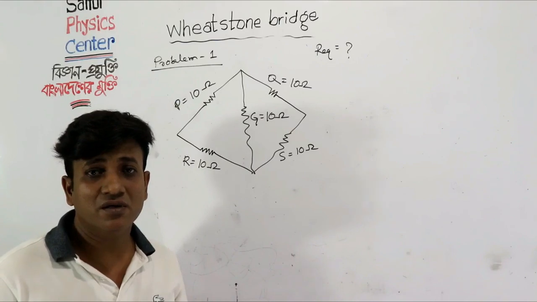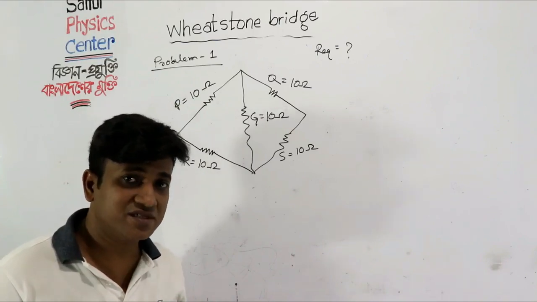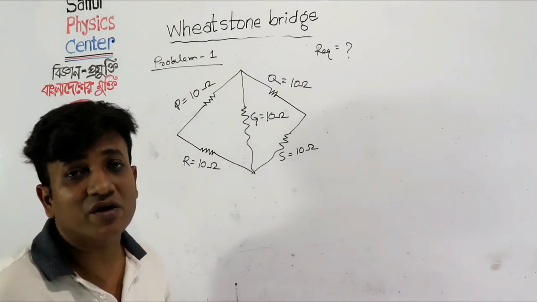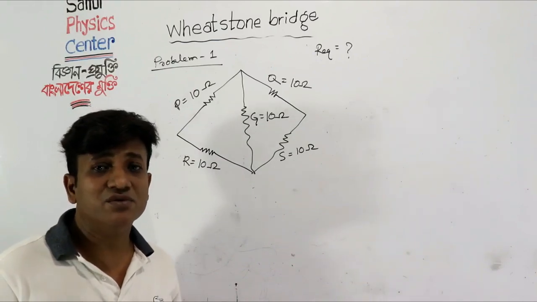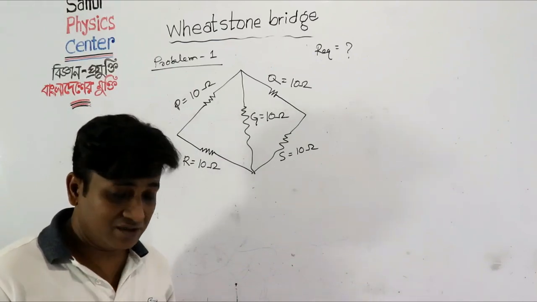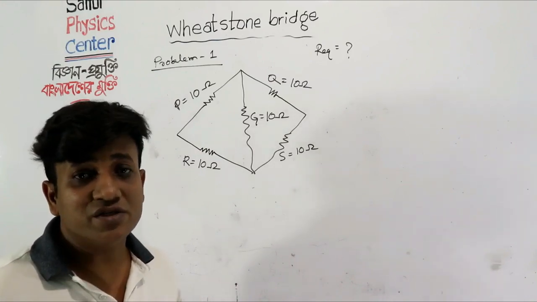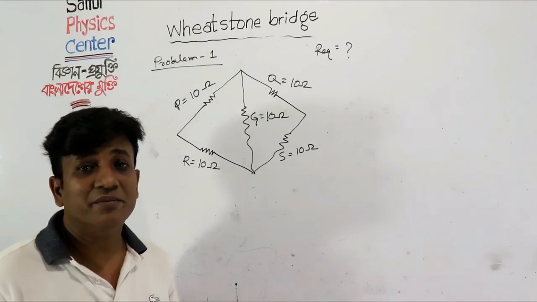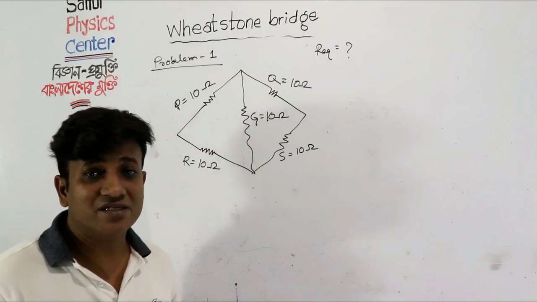If you get any circuit which consists of 5 or 6 resistances, then you have to consider that this problem is related to the Wheatstone Bridge. You can use the Wheatstone Bridge balance condition to solve the problem of that circuit.